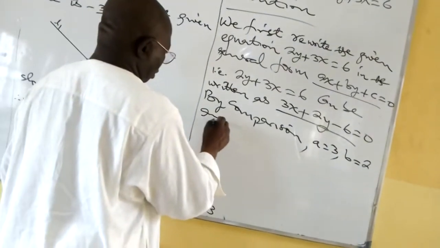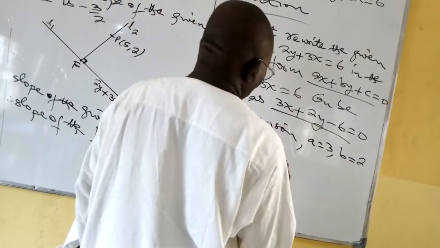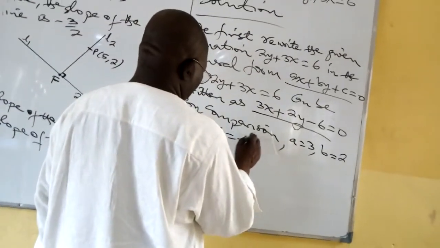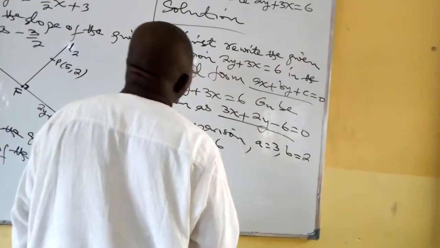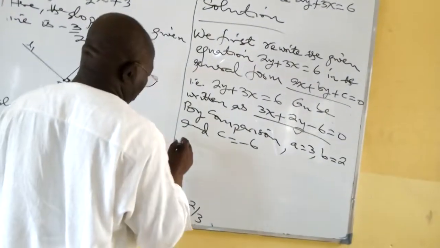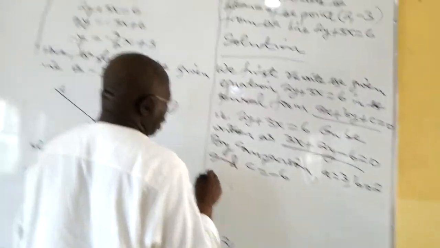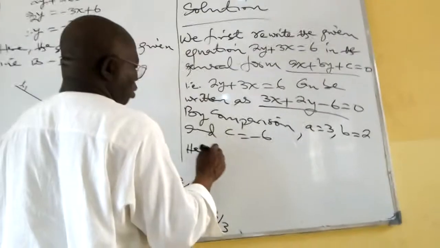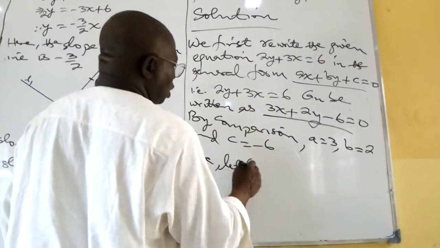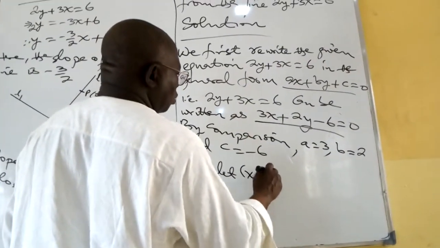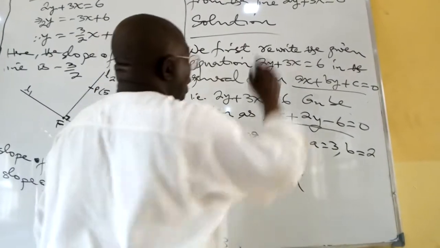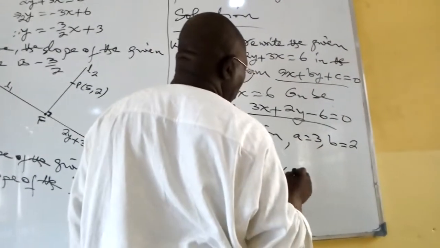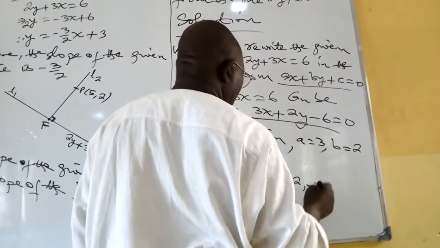And c here is the constant. c equals minus 6. Now, what point are we given? We say let (x1, y1) be equal to that point, which is (2, -3).